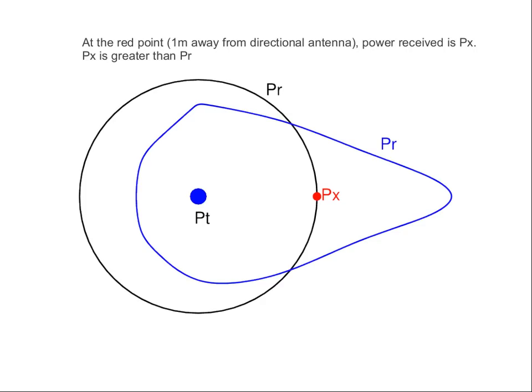What it means is, 3 dBi means 3 dB greater than using an isotropic antenna. And that's a common characteristic of antennas.